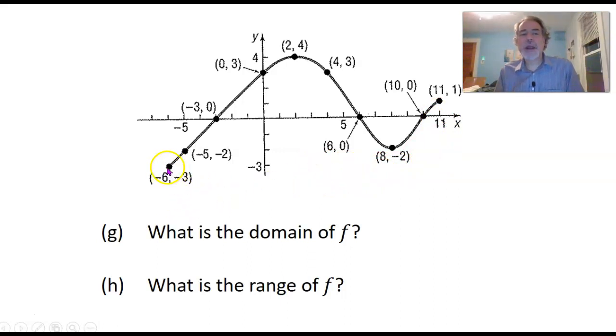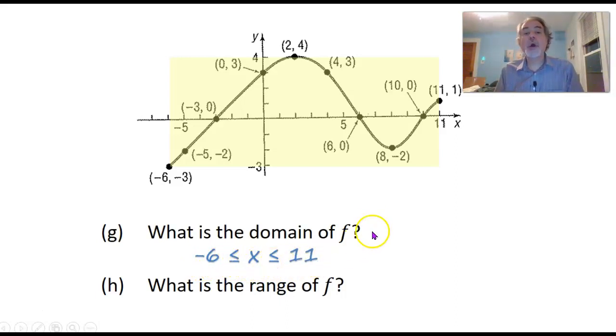And it shows the graph stopping there. It doesn't keep on going. Some graphs do keep on going, but this one just only has points from negative 6 to 11 as far as x-coordinates go. So for the domain, we can say x is between negative 6 and 11, greater than or equal to negative 6 and less than or equal to 11. Or we could just say the domain is the closed interval from negative 6 to 11.